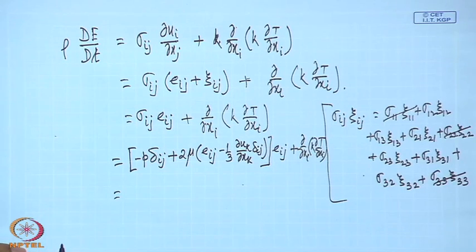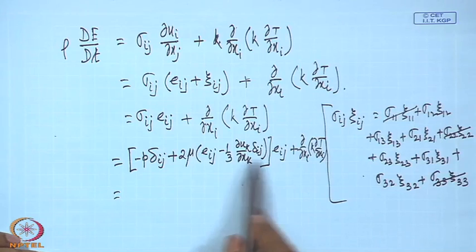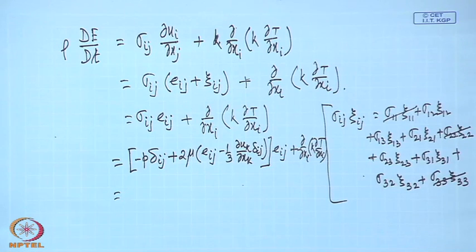Look at this first term. What is this? Minus p E ij delta ij. What is E ij delta ij?